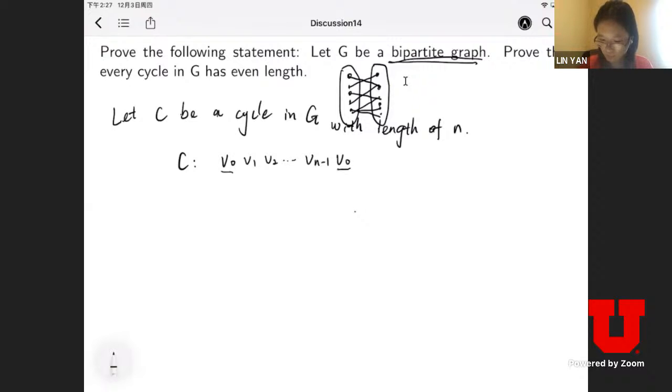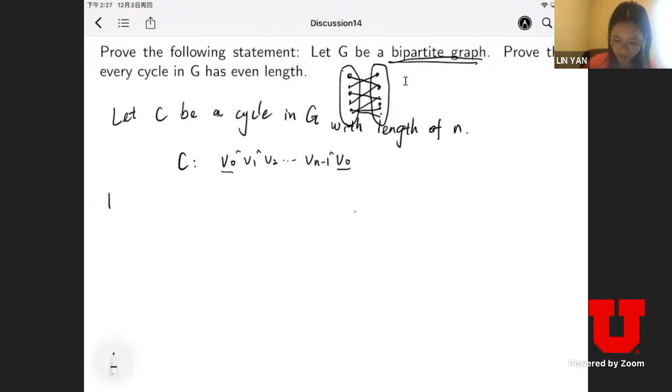And because we have n edges in this cycle, we say the length of this cycle is n.